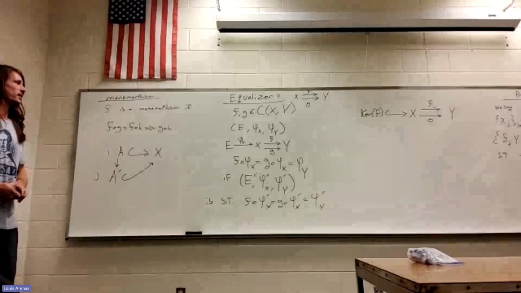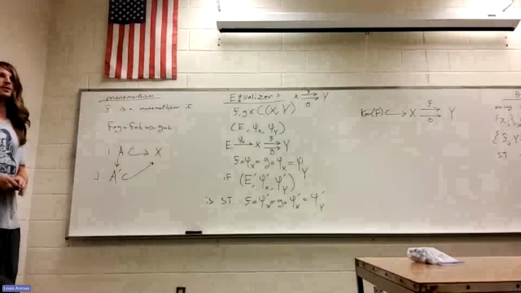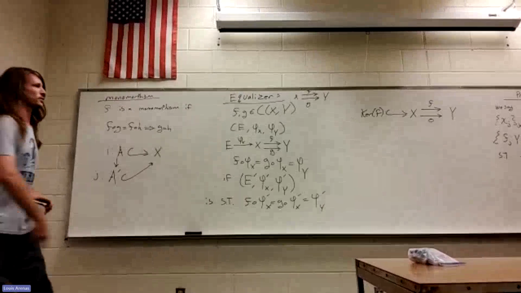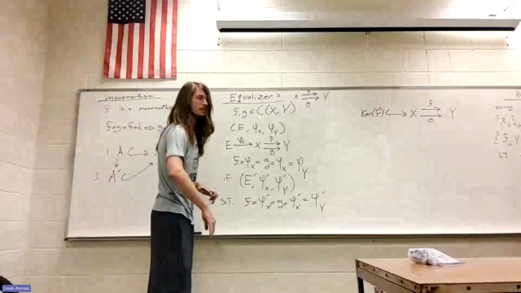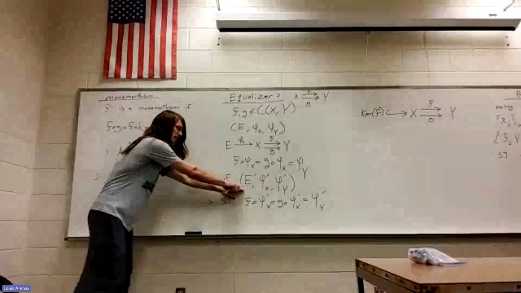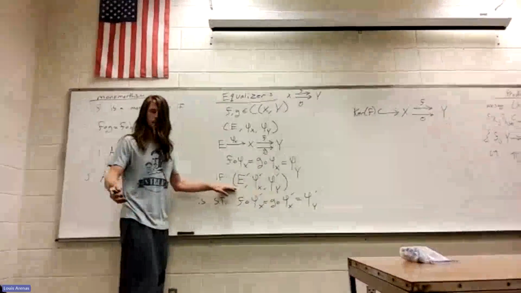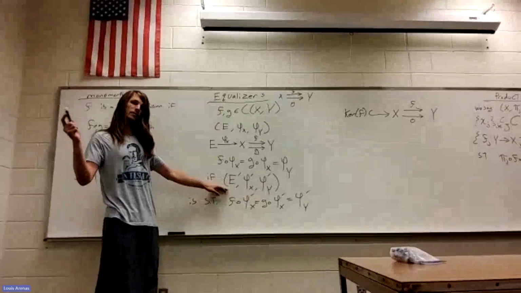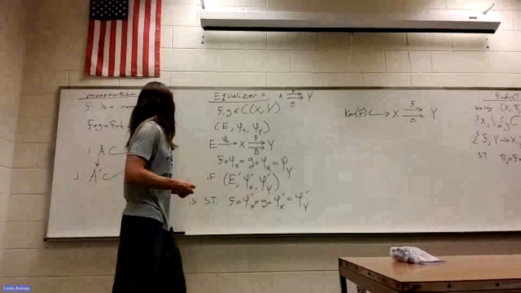The way that you would say it is that it's terminal in the category of cones over this diagram. I'll explain what all that means. But that essentially means that no matter what, if this guy is another candidate equalizer, we call it a cone, he's got to have a map to my first one.